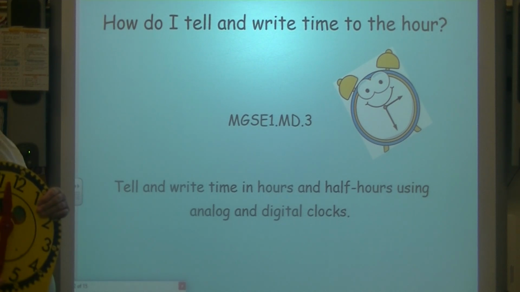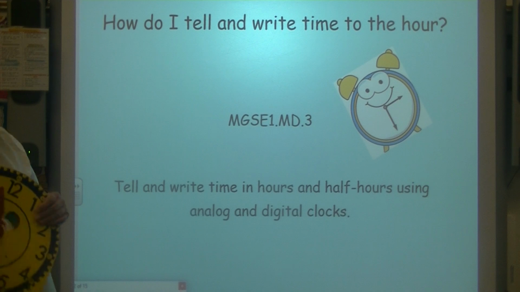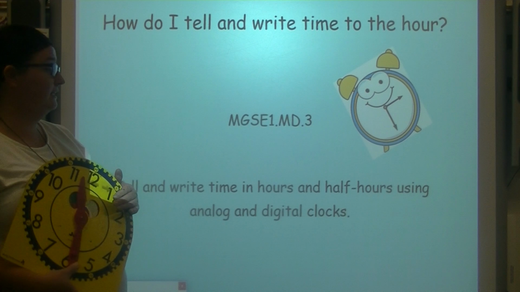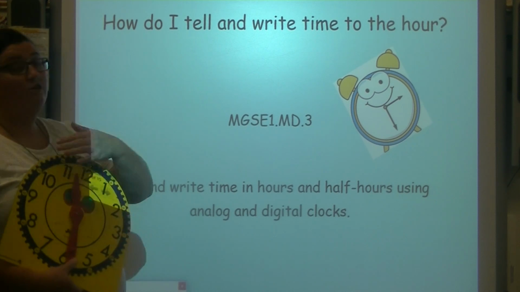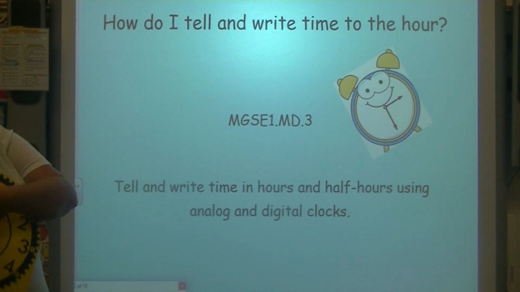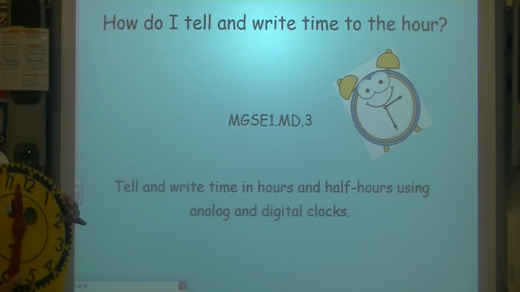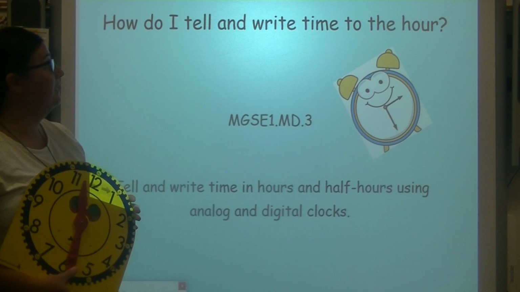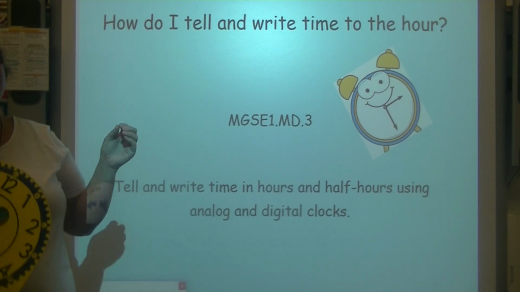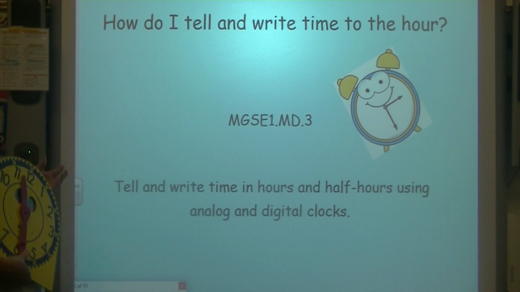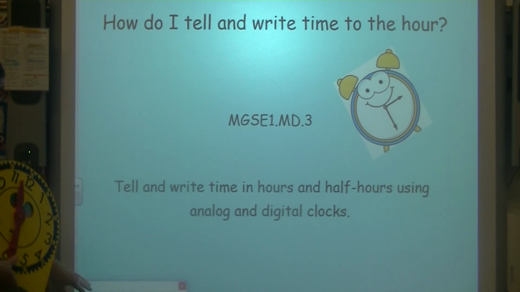Alright, so you are going to learn this week about telling time to the hour and telling time to the half hour using an analog clock and a digital clock. So our essential question for today: how do I tell and write time to the hour? We are going to learn how to tell and write time to the hour today.